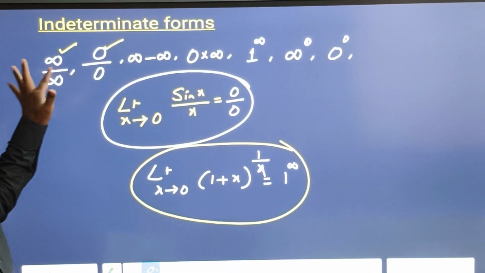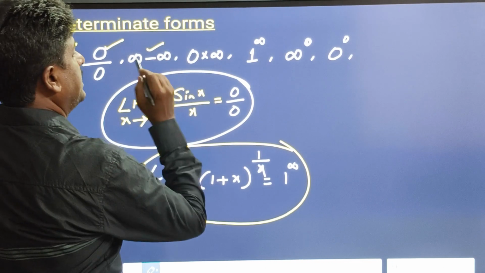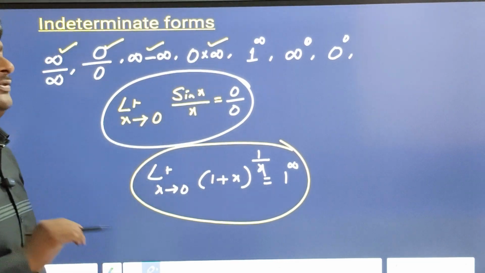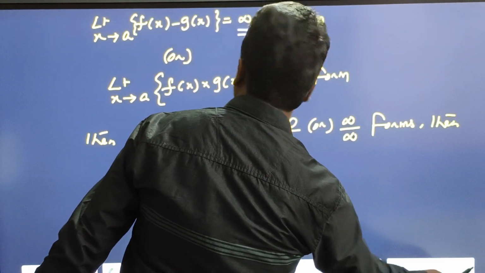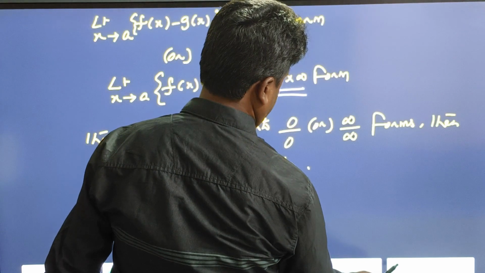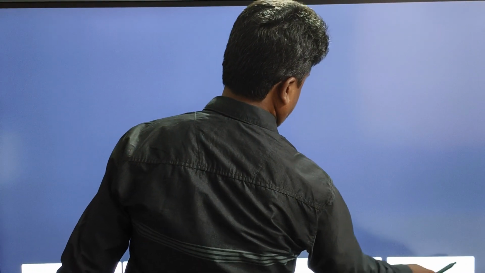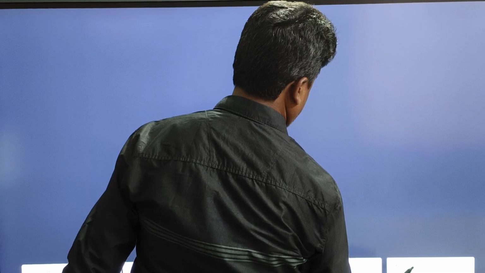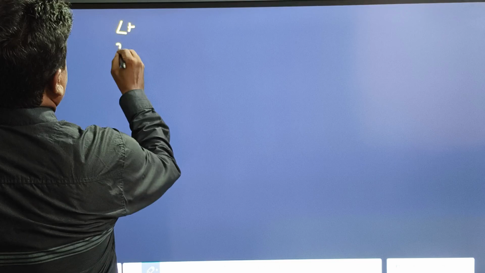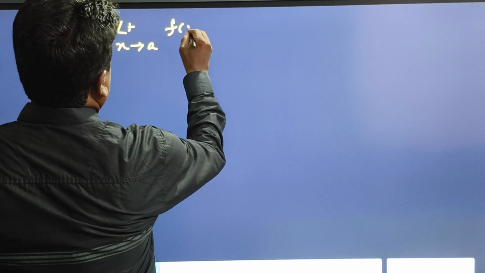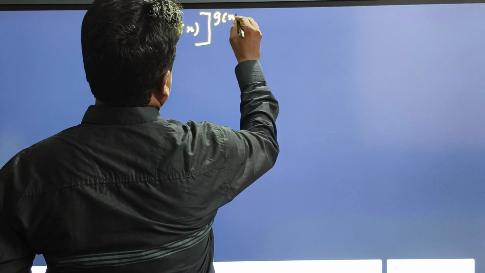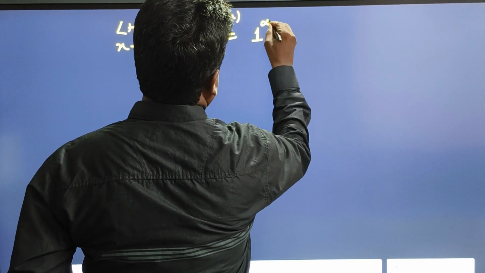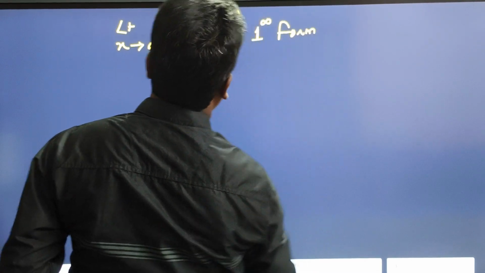0 by 0, infinity by infinity, infinity minus infinity, 0 into infinity forms finished. Next, another form: limit x tends to a, f of x whole to the power g of x, is equal to 1 power infinity form.